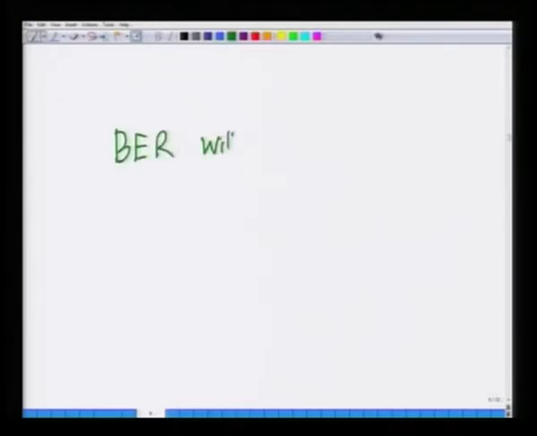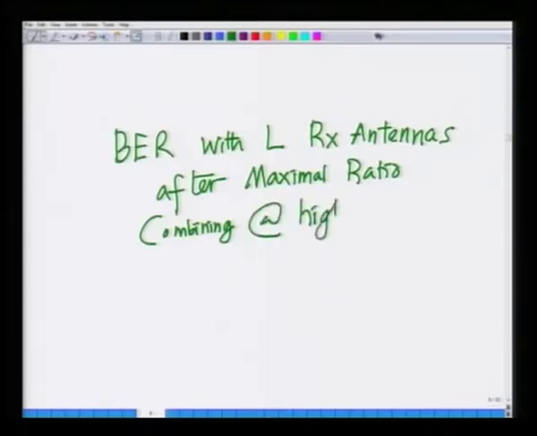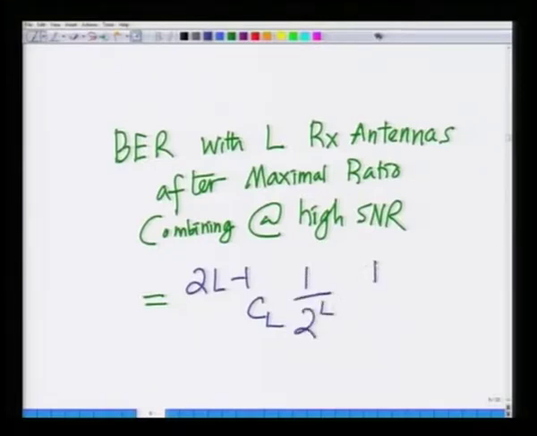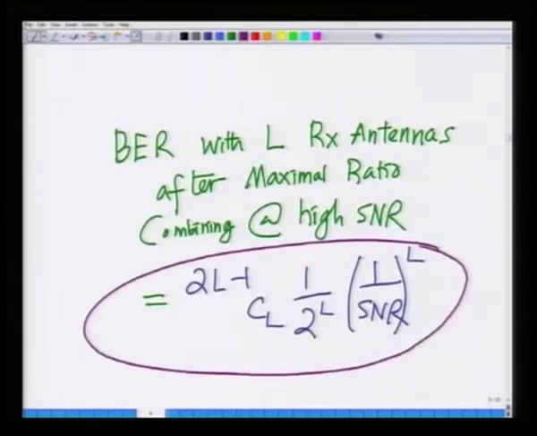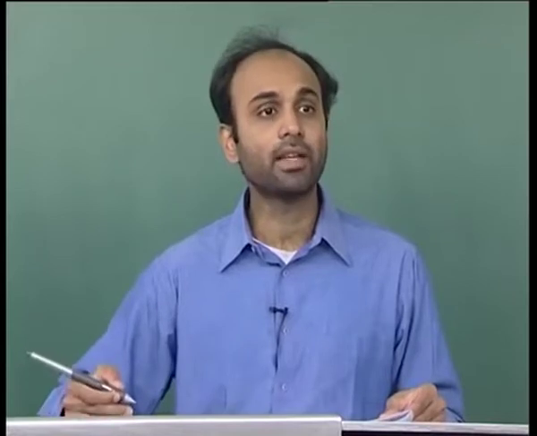So, let me just rewrite that here clearly: bit error rate with L receive antennas after maximal ratio combining at high SNR is equal to 2 L minus 1, choose L, 1 over 2 power L, 1 over SNR power L. This is the expression for bit error rate with L receive antennas after maximal ratio combining, and of course, you have to remember that it is a high SNR approximation.